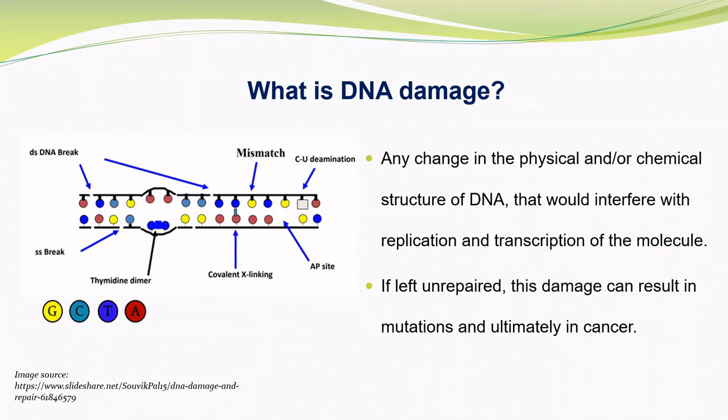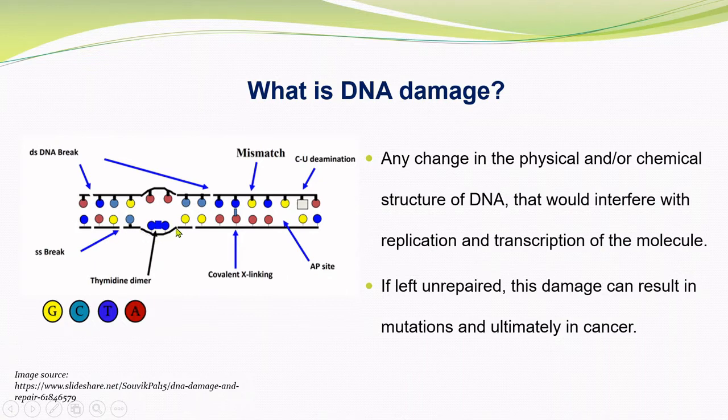Now, this change or damage may be caused due to exposure of DNA to chemicals or radiations, or these changes may be spontaneous. As seen in the diagram, it can be a break in the single strand of DNA or both the strands of DNA.